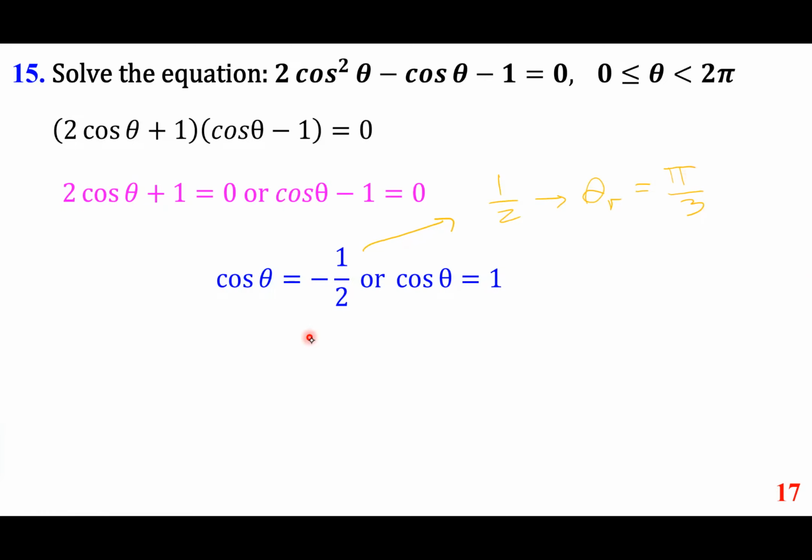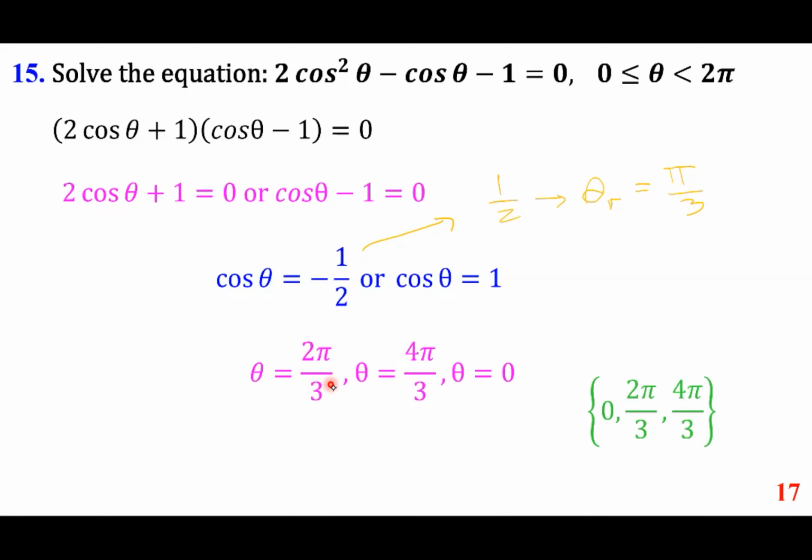And in the third quadrant, pi plus pi over 3 gives us 4 pi over 3. And cosine is 1 when theta is 0. So from negative 1/2, we get those two answers. So this is the reference arc. Second quadrant, subtract this from pi. Third quadrant, add it to pi. So this is how we get these two, and those are the answers.